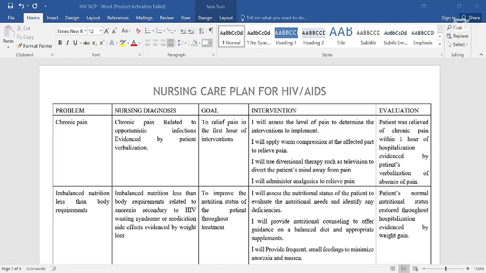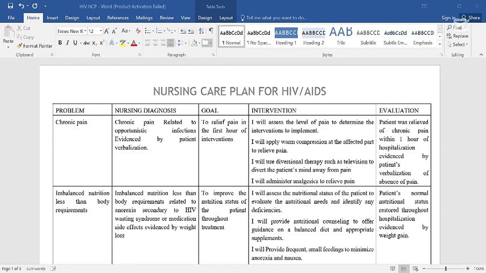The second one is I will apply a warm compression at the affected part to relieve pain. You can apply a warm compression at the site where the patient is feeling the pain, and that will help to relieve the tension, therefore relieve pain. Number three, I will use diversional therapy such as television to divert the patient's mind away from pain.